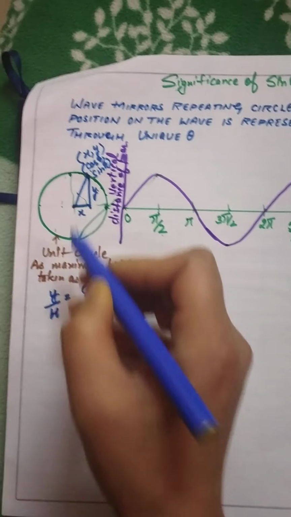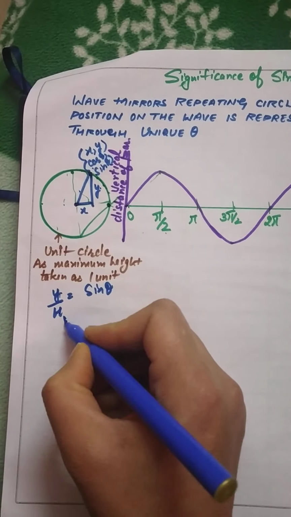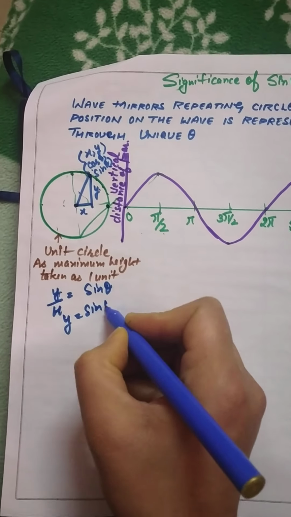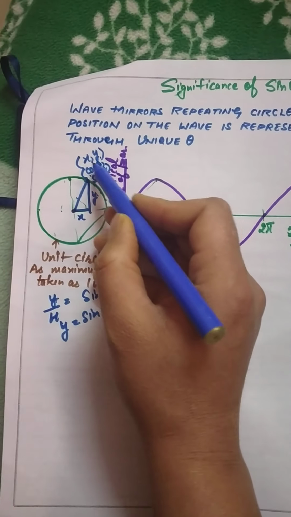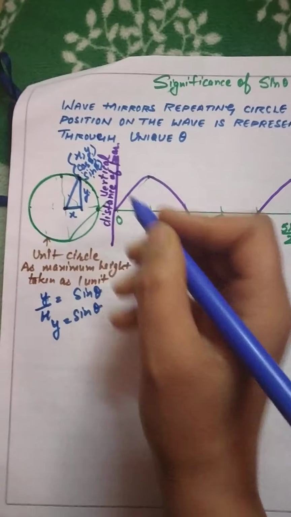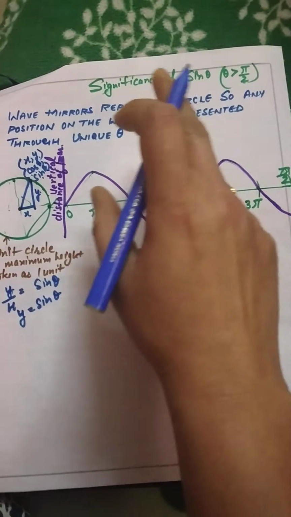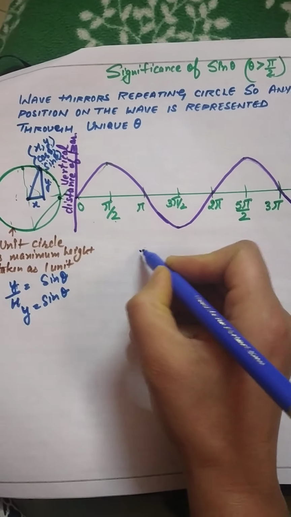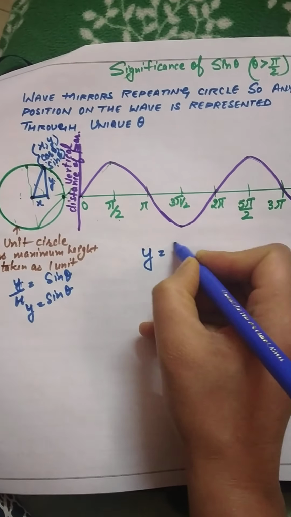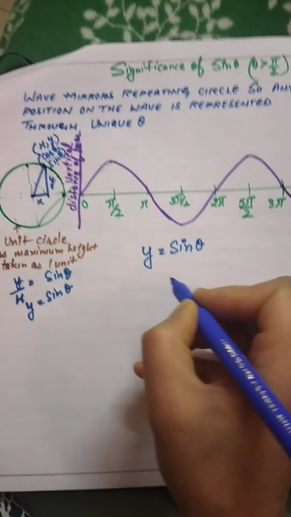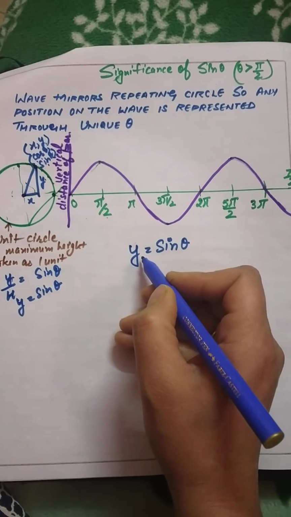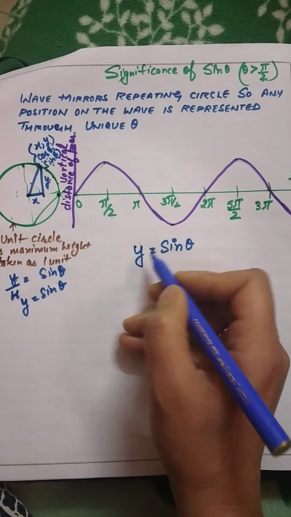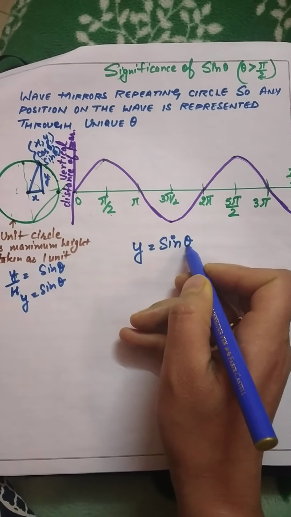This over hypotenuse is sin theta, and hypotenuse is 1 unit, so y equals sin theta. Similarly, the x coordinate is cos theta. So the position of a particle is given by y equals sin theta. What does this mean? It means the vertical distance of the particle is the sine of that angle.